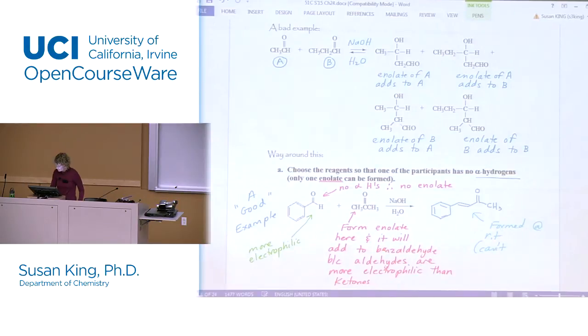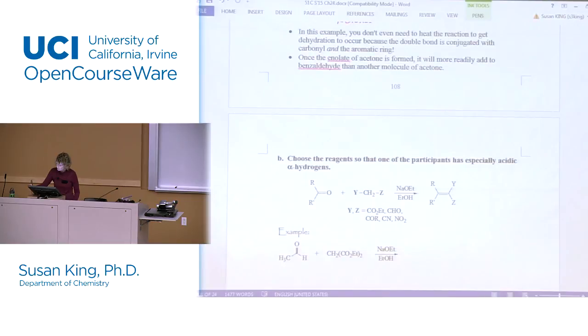Can't isolate the beta hydroxycarbonyl. And that's because the product is so stable. Notice the double bond is not only conjugated with the ketone, it's also conjugated with the aromatic ring. And so that's what we talk about underneath here.